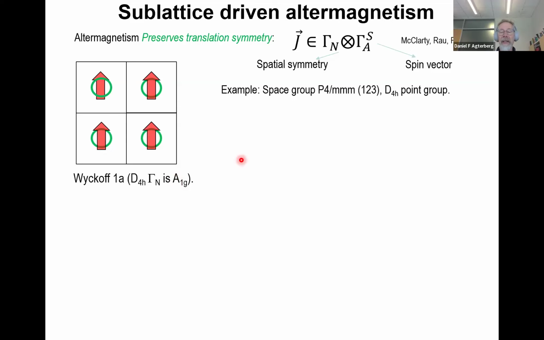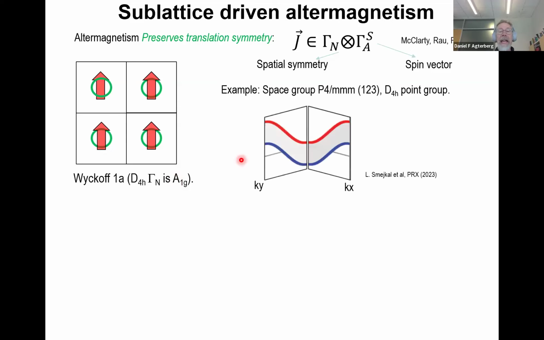And that's the only possibility we have here. And we can examine the consequence of this state on spin splitting in momentum space. Because we have full point group rotational symmetry, that tells us that to first approximation, this spin splitting is going to be the same everywhere in momentum space, as drawn here.